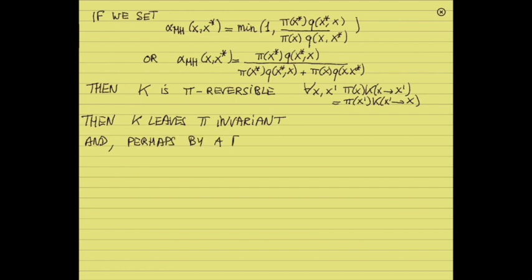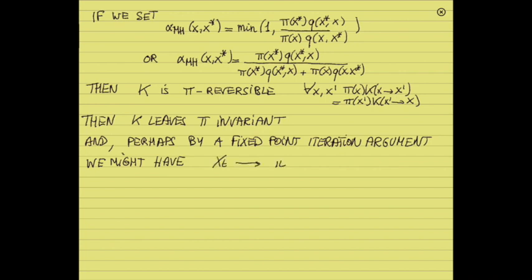So perhaps by a fixed point iteration argument, we haven't actually mentioned any of the required assumptions for the fixed point iteration to converge, and of course there are some assumptions, but under some conditions we might hope that x_t will converge to the fixed point distribution pi. So in other words, starting from any initial distribution pi 0, doing t steps would lead to a marginal distribution that converges to pi as t goes to infinity.